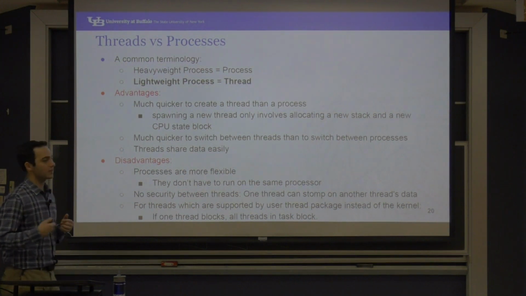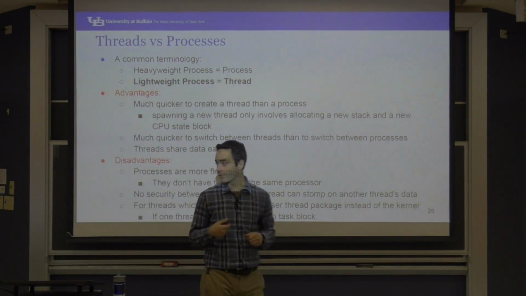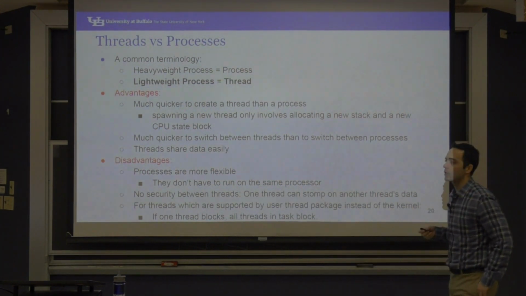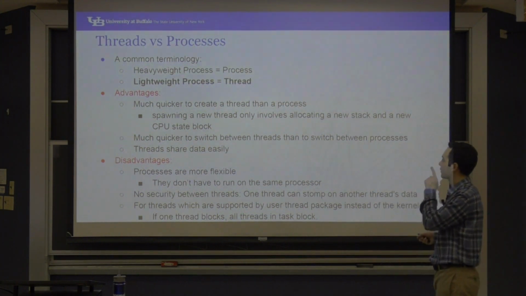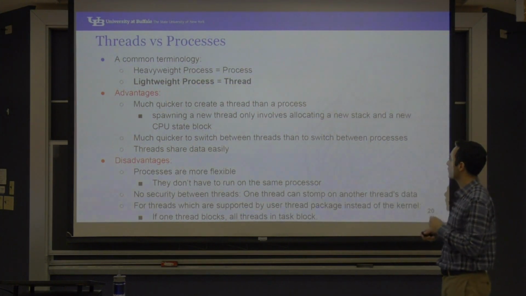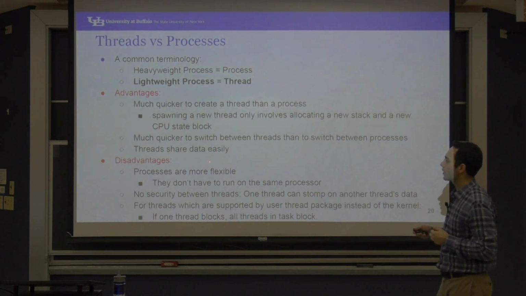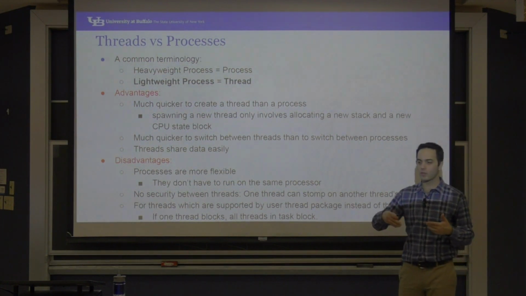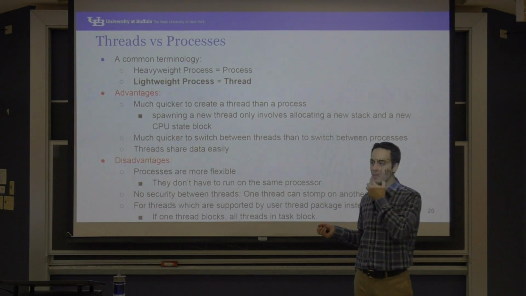So what are the advantages and disadvantages of using threads? For advantages, the first thing is that it's much quicker to create a thread, because you don't have to create a whole address space and allocate all the resources. It is also quicker to switch between threads, because if you're switching from one thread to another, maybe you don't have to change all the memory space.